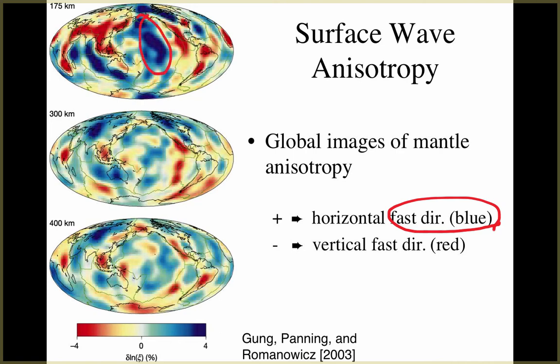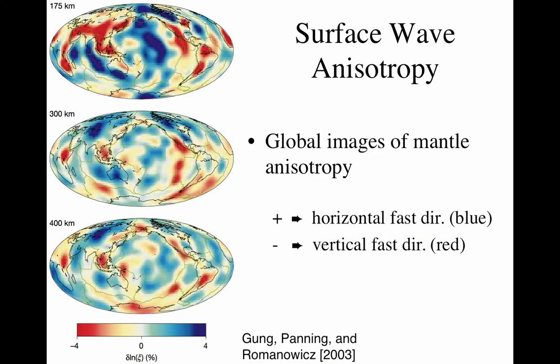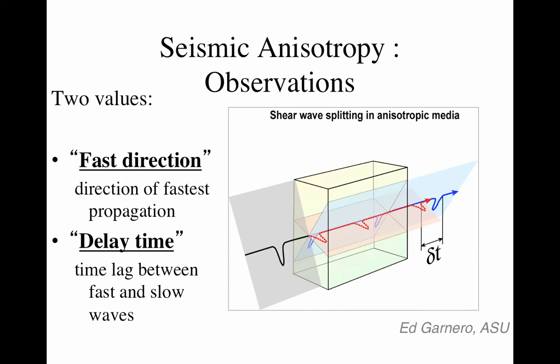In contrast, we see some regions where the vertical direction is fastest. These are regions of rapid downwelling and are characterized particularly along subduction zones of the Pacific margins. We'll see shortly that we can use this anisotropy to look in much more detail at the structure of the continents.